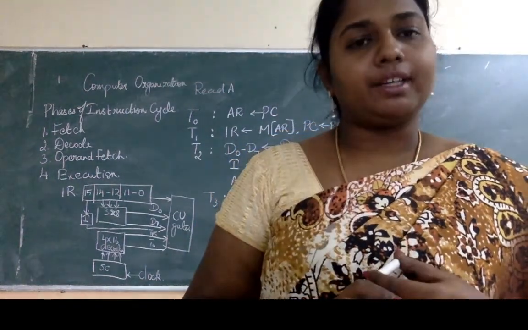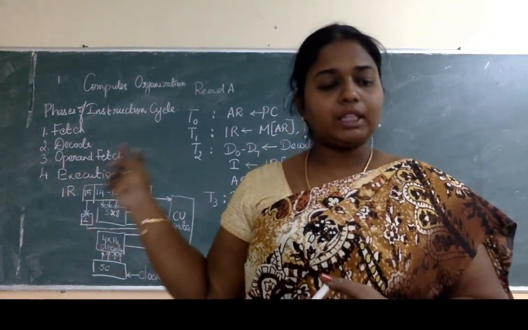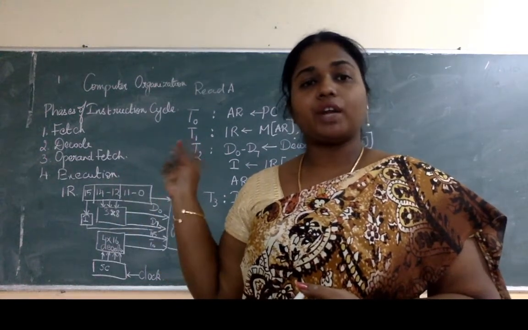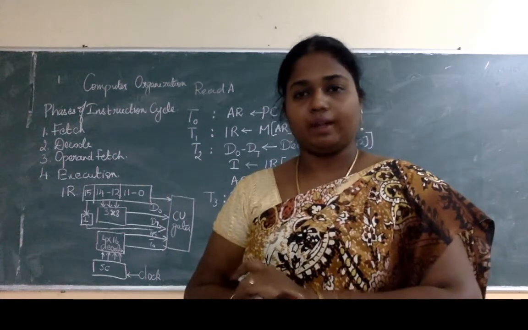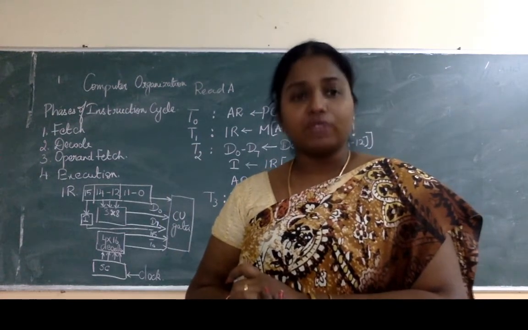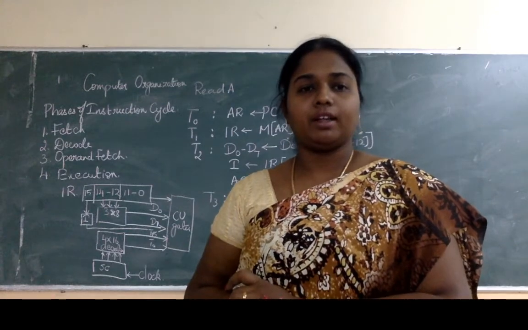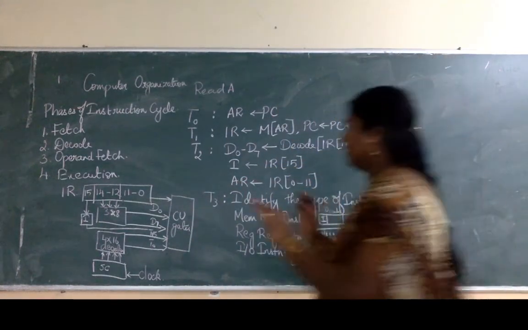How do I identify? Now, from the instruction register, from the bits 14 to 12, I've generated 8 different signals called D0 to D7. I'm going to make use of these signals to identify the type of instruction. So we will have a thing like this.